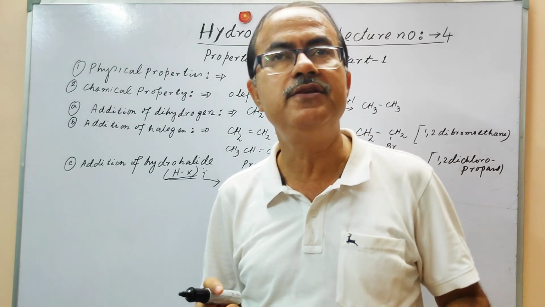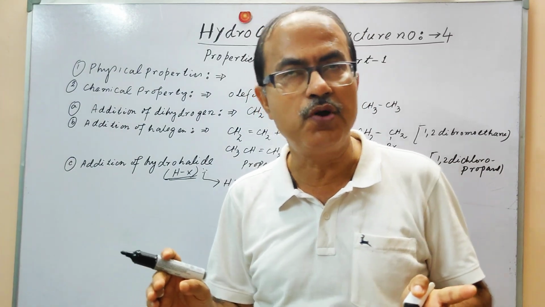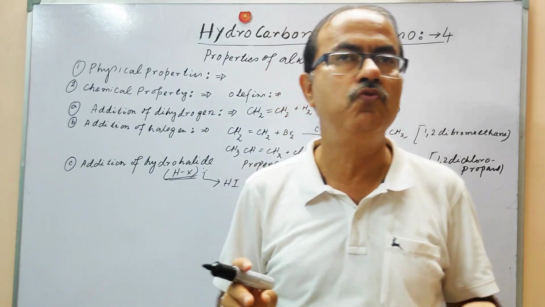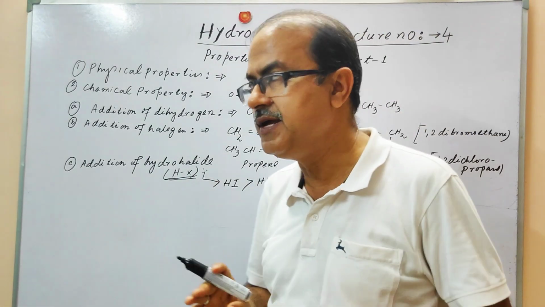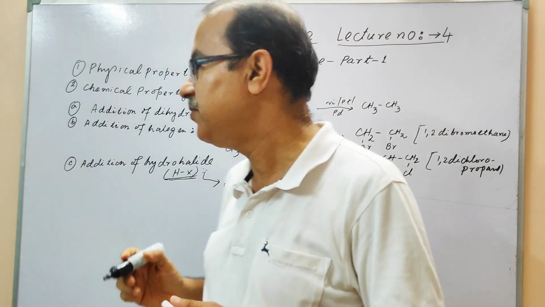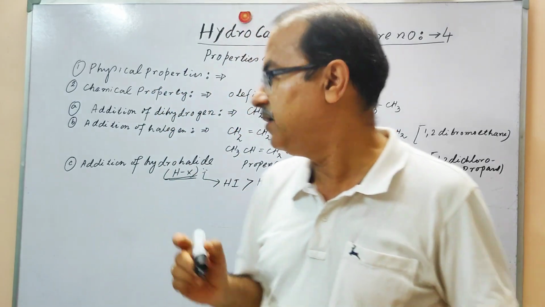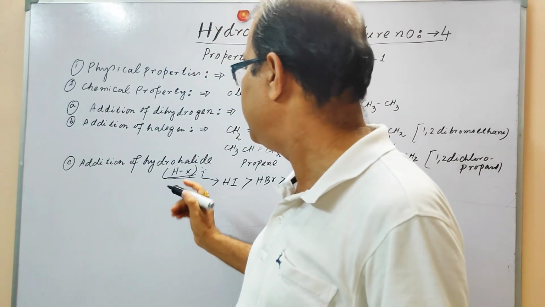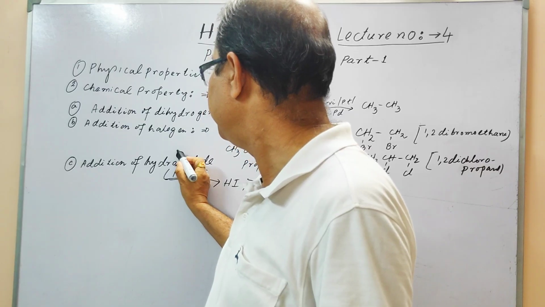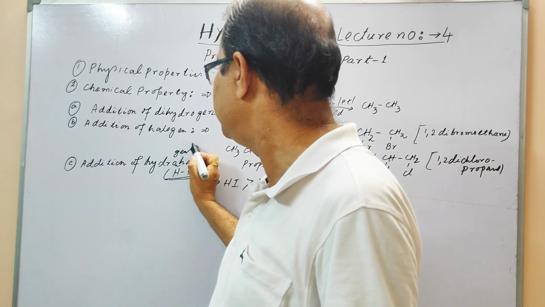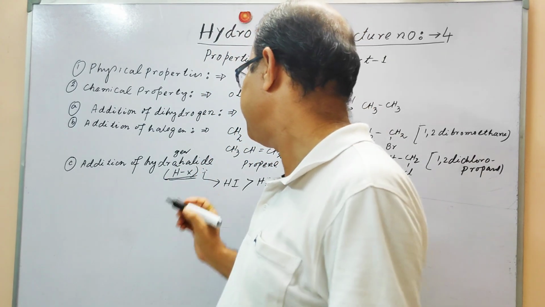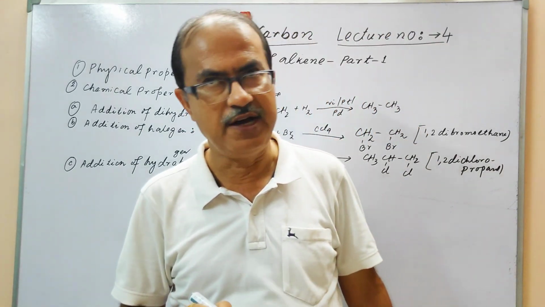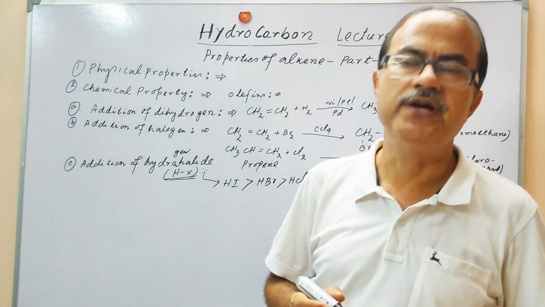When the bond strength is low, it can be easily broken and makes the reaction much faster. That is why the rate of reaction of hydrogen halides is much higher for HI, hydrogen iodide.